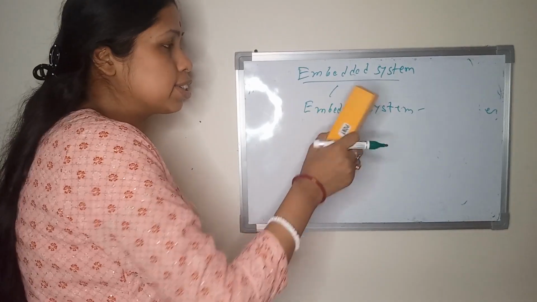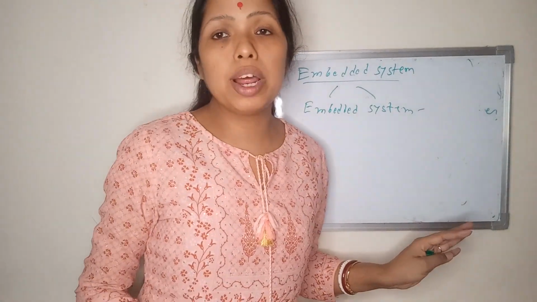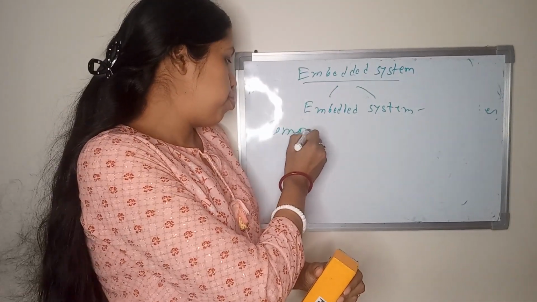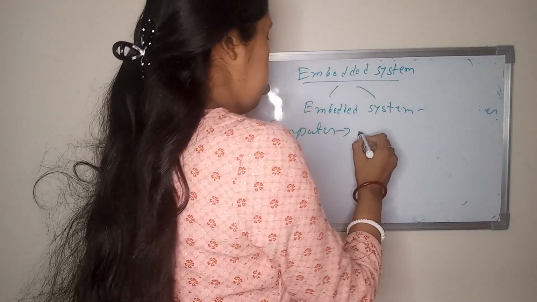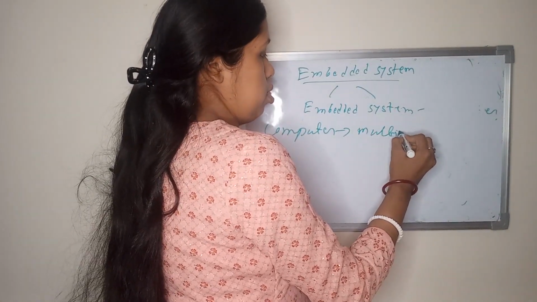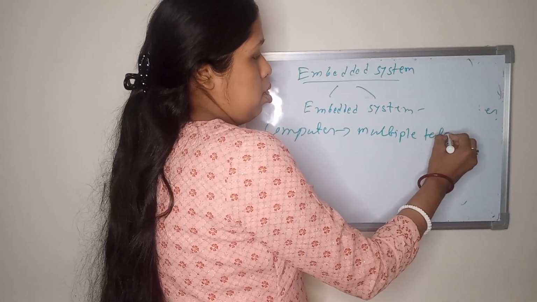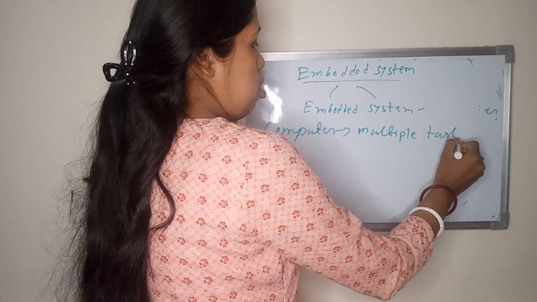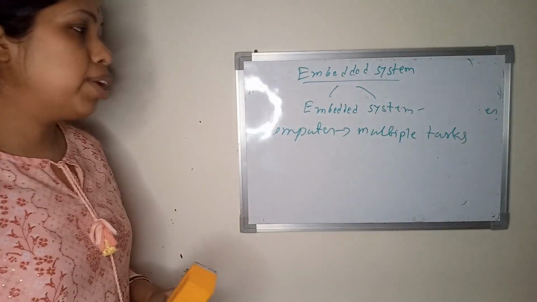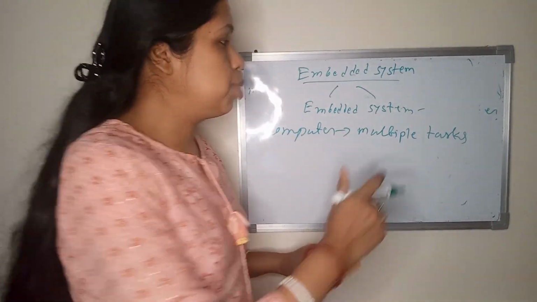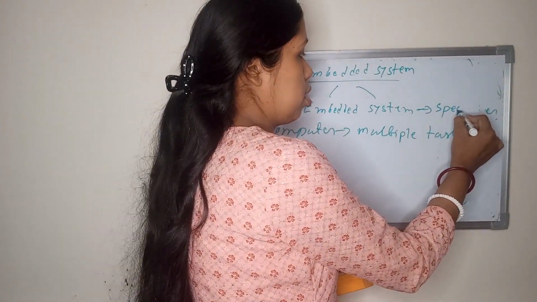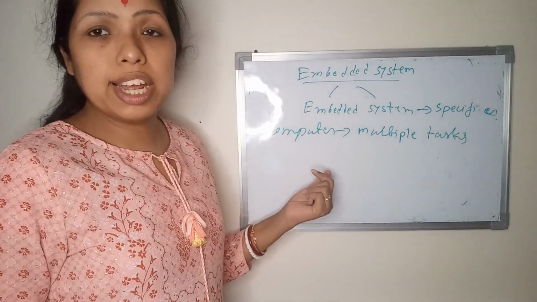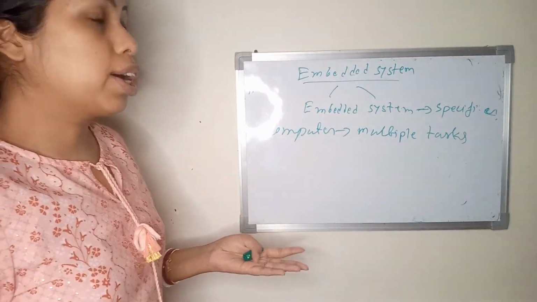I told you that it is like a computer but not similar to a computer, right? A computer can perform multiple tasks, but the embedded system only a specific one. A computer is used for general purpose, for different applications.